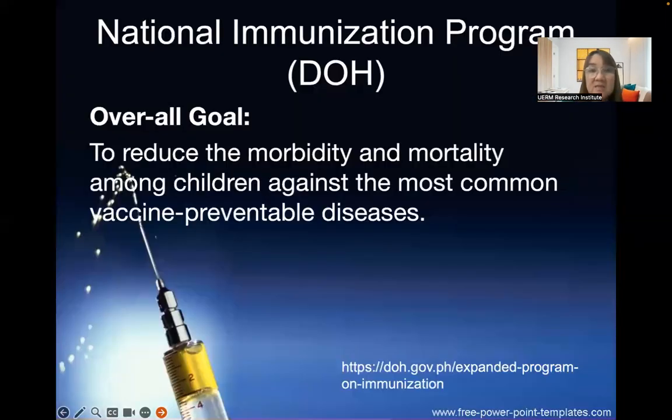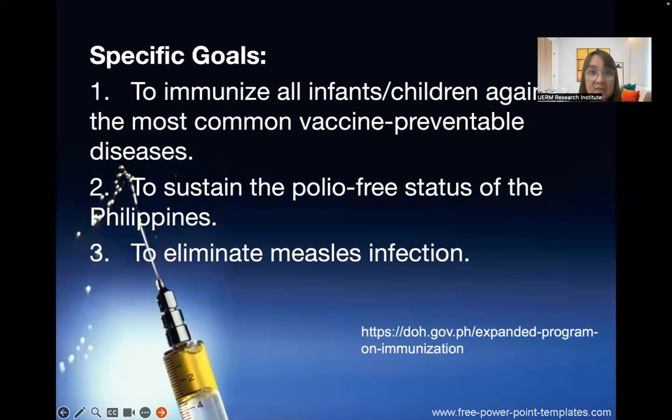The next slide is the National Immunization Program, which I got from the website of the Department of Health. So the overall goal of this program is to reduce the morbidity and mortality among children against the most common vaccine-preventable diseases.